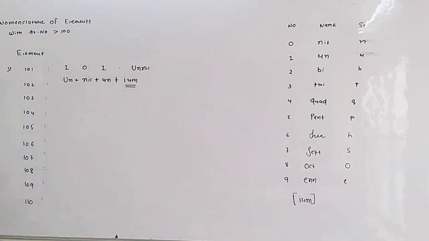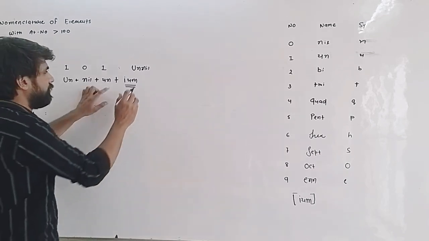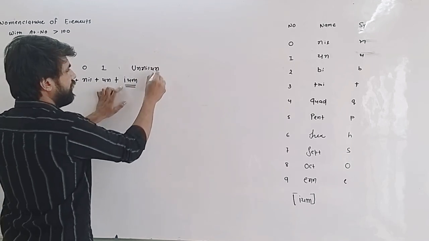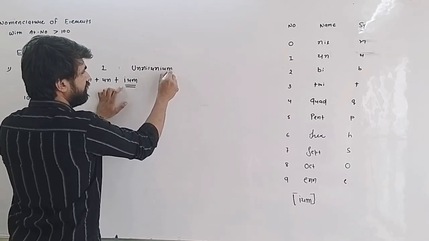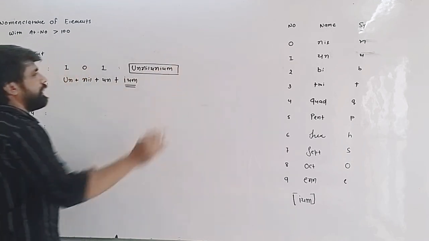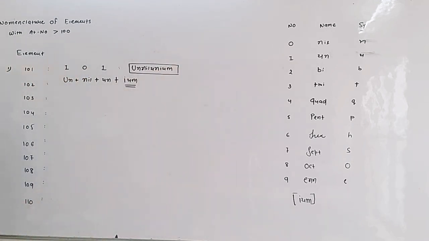First of all, look at that name: un plus nil plus un, plus ium. So unnilunium. That is the temporary name of 101. And what is the symbol that you can use for that element?